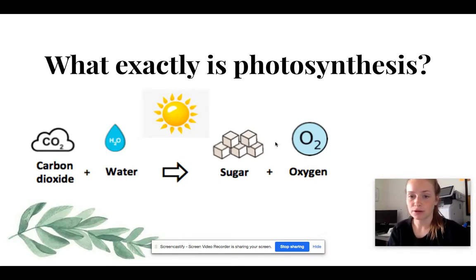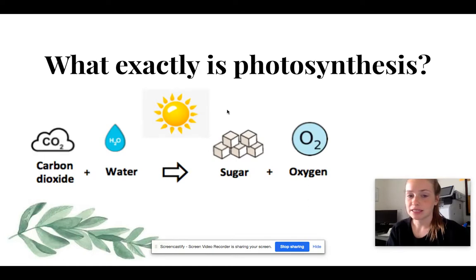materials for growth. And then this oxygen here is released into the atmosphere, and that's why reforestation or planting of trees is a really good initiative for reducing climate change and global warming because it decreases the amount of CO2 or carbon dioxide in the atmosphere, which is the cause for climate change.